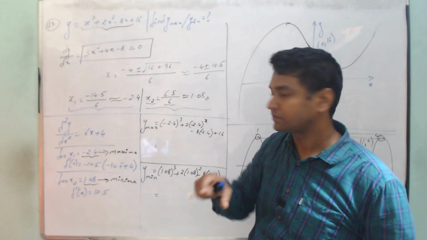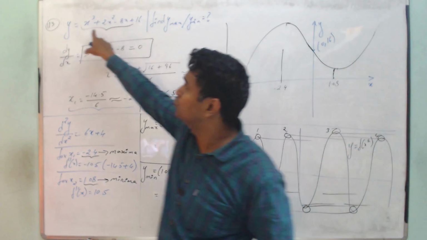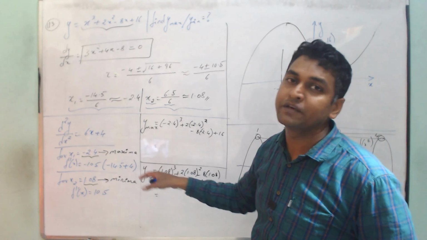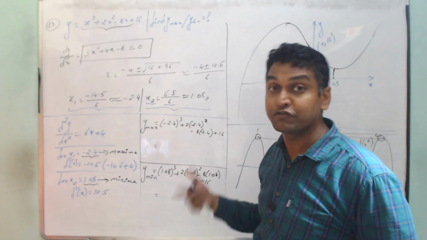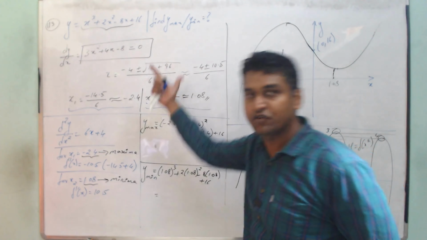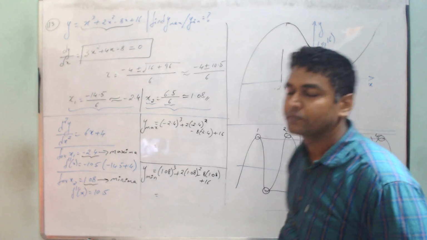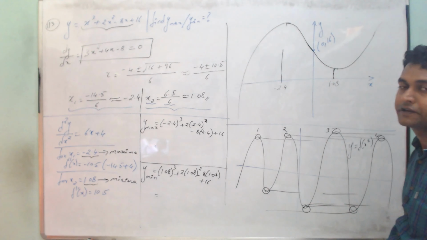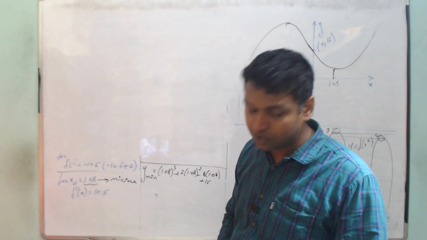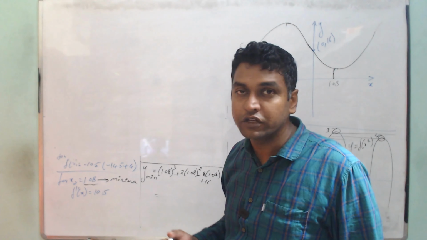If my determinant is greater than 0, for an x cube polynomial, I should always get two values, one which will be a maxima and the other will have to be a minima. Now, where it is, what it is, we have to solve over here. Is this clear? So I'll give you a polynomial, x to the power 3 only.